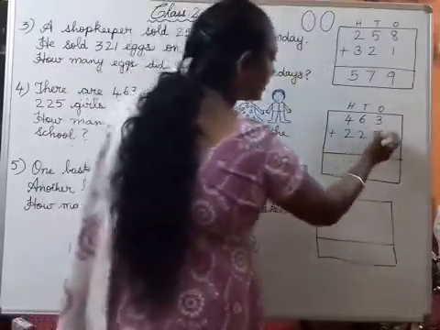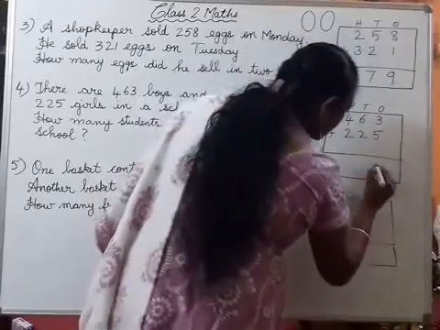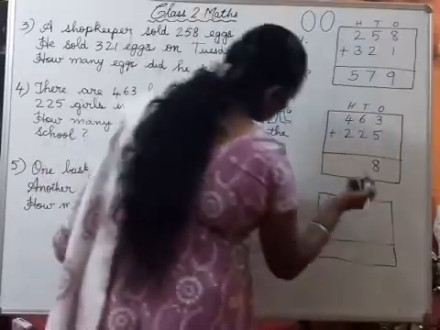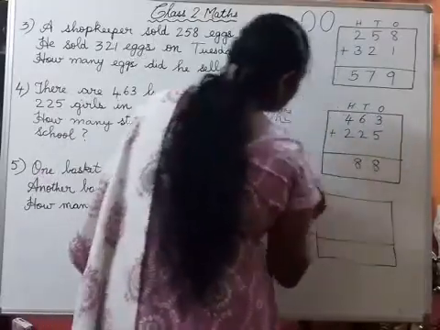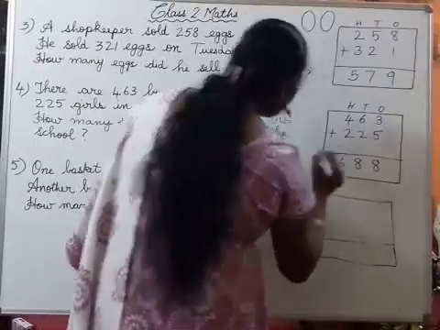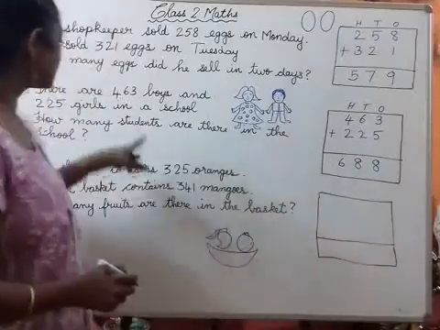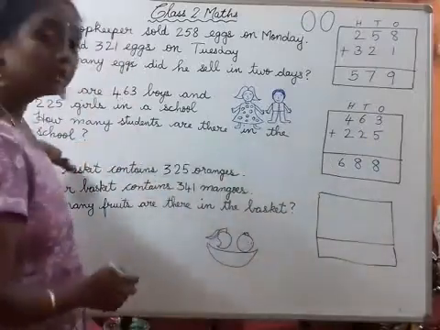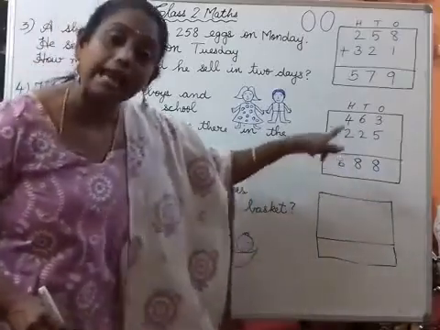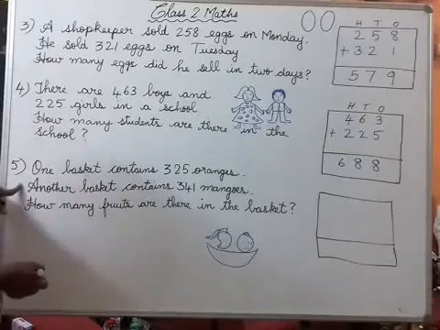You have to add these two numbers. 5 plus 3 is 8. Next 6 plus 2 is also 8. Next 4 plus 2, 5, 6. 688. So 688 students are there in the school. School में कितने बच्चे हैं? 688.